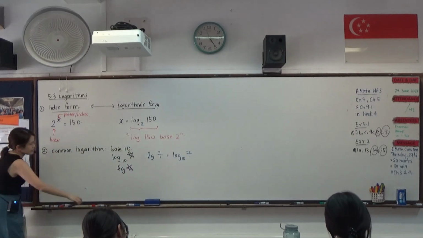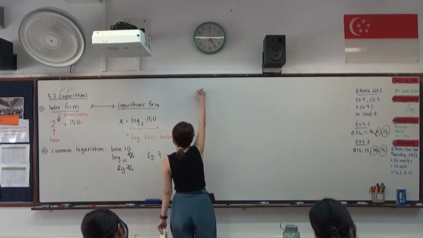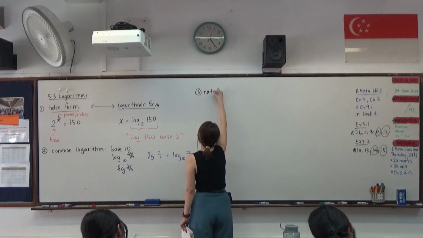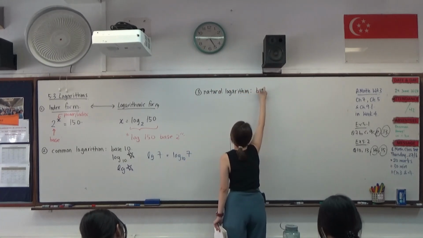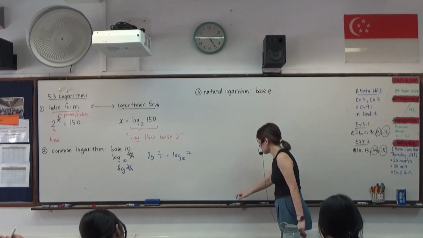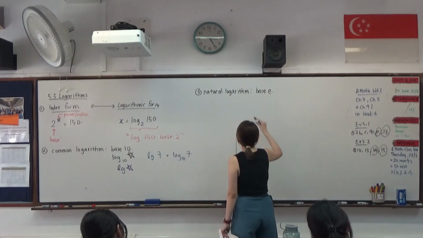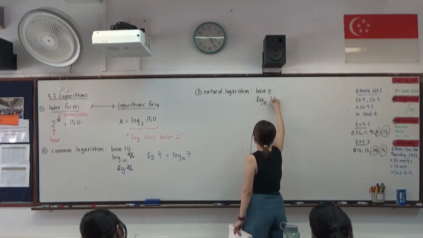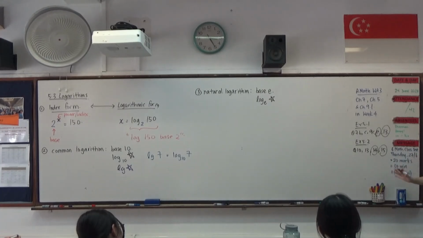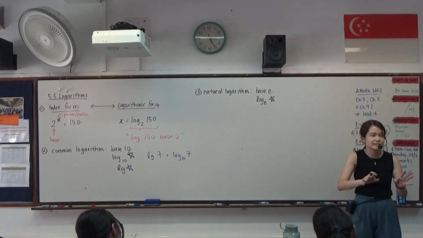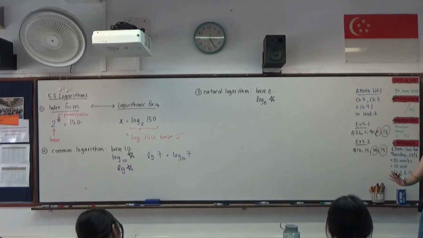Okay? Next, we also have our natural logarithm. It has a base of e. So we are looking at, okay, don't mind me the way I write my L. I'm very inconsistent in the way I write my L. Sometimes I use a straight line, sometimes I use a curly L. It's just me, you don't have to be confused.